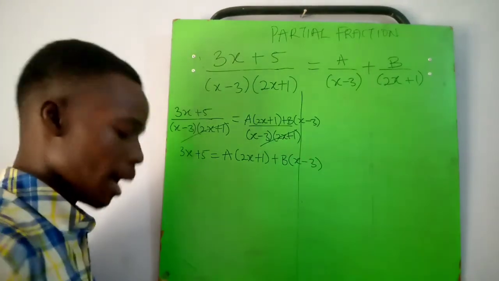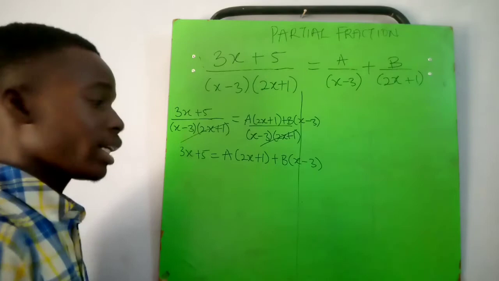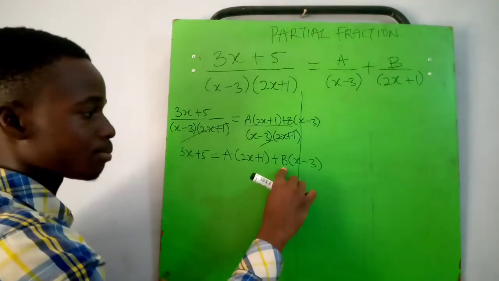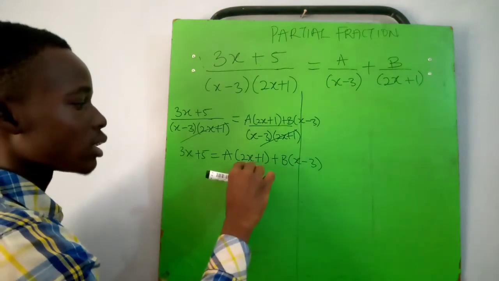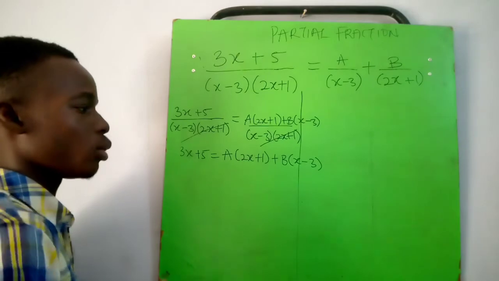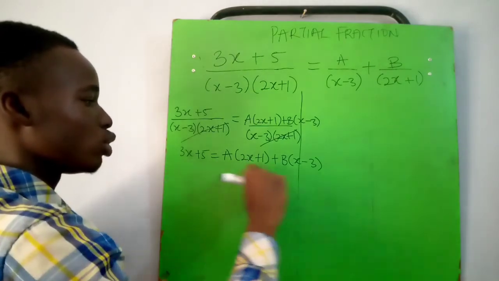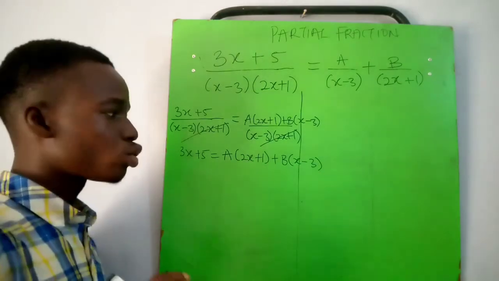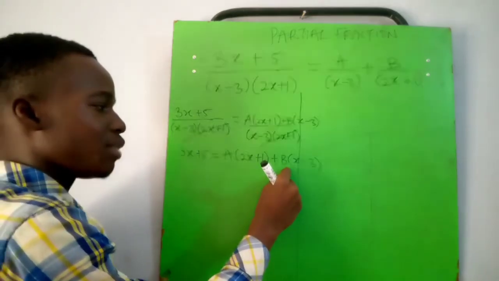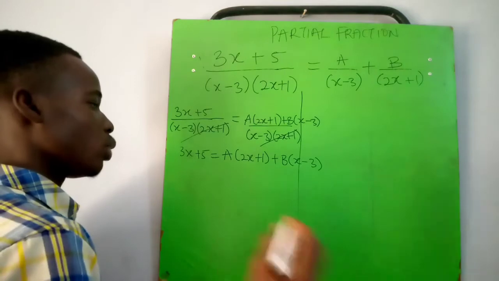So this is where we are. Next step, if we're looking for the value of B, we'll have to equate what is inside the bracket here to be 0. We'll substitute the value of x all through. We want to make everything here 0 so that we could find the value of B. So how do we go about it?